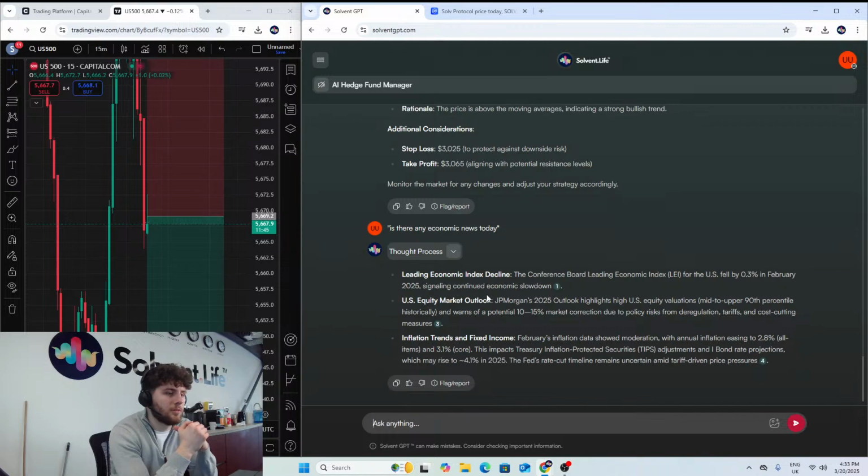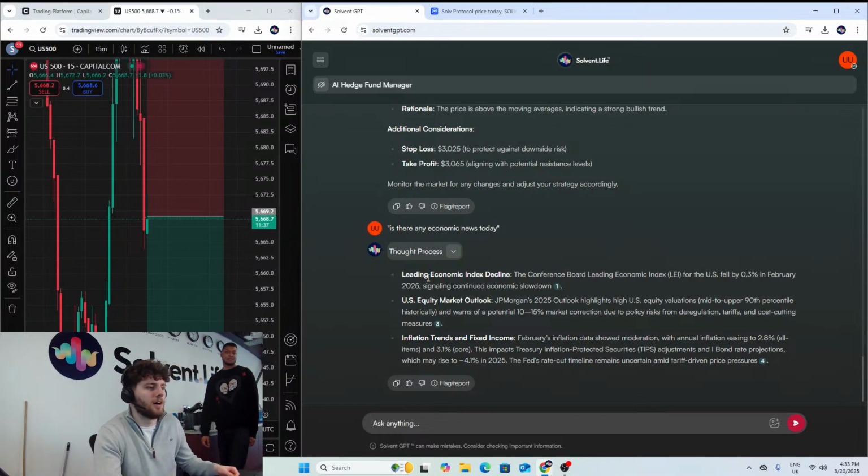Let's see what we get here. Leading Economic Index declined, fell by 0.3 in February 2025.